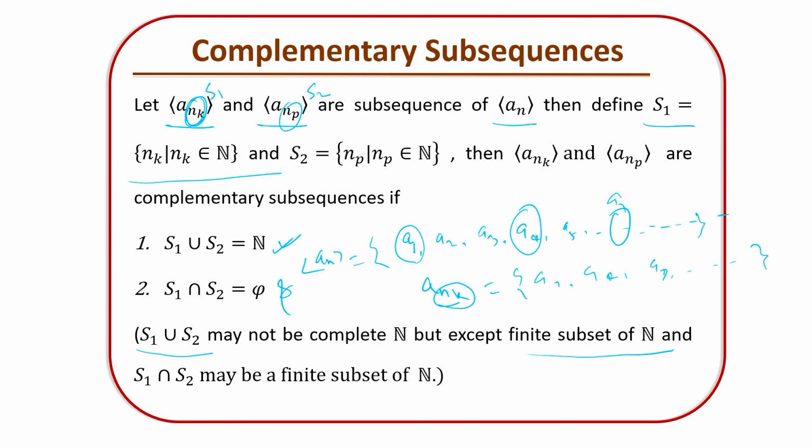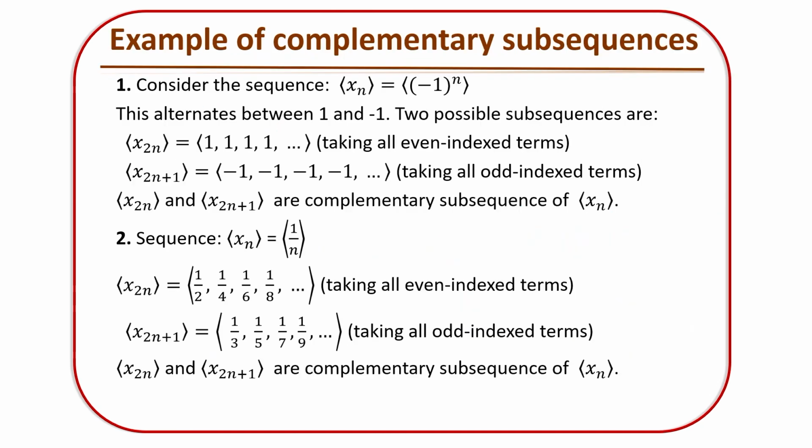And what are the n_p? n_p are again some of those: a2, a5, then a8 and so on. So a_np is the same thing: a2, a5, a8 and so on. Now look at n_k and n_p. If the union of these two subsets becomes the whole of the natural numbers, or all except a finite set, then these a_nk and a_np are said to be complementary to each other.